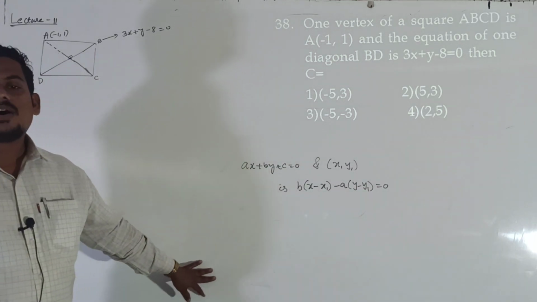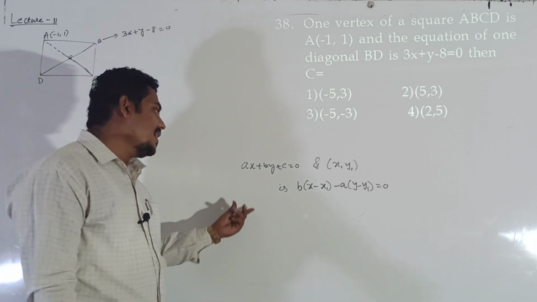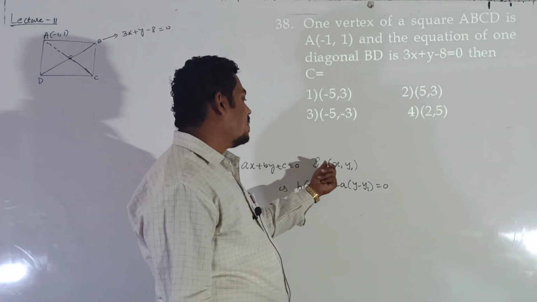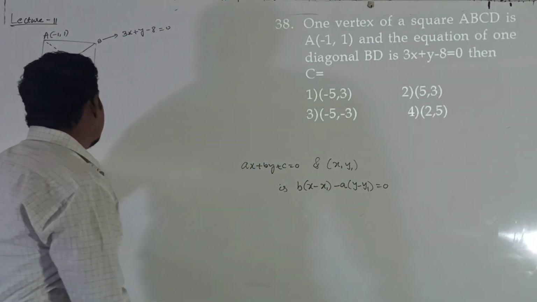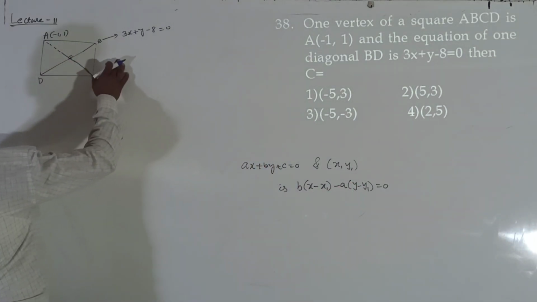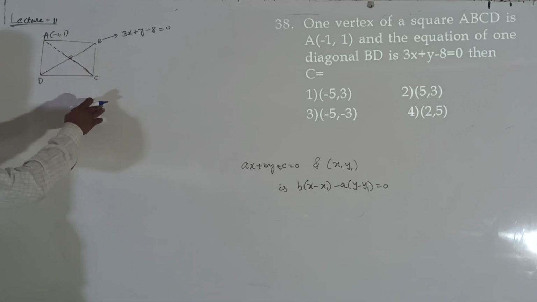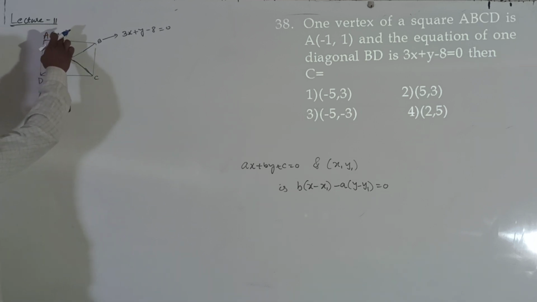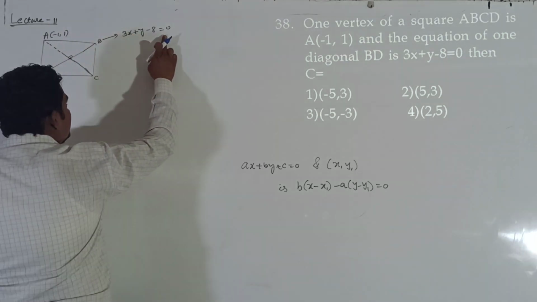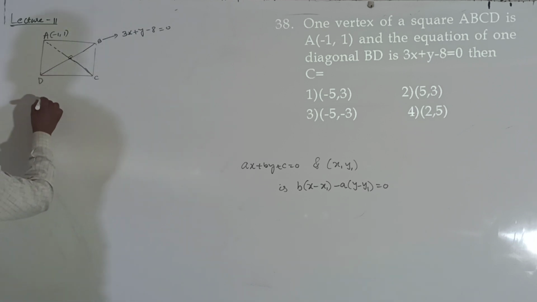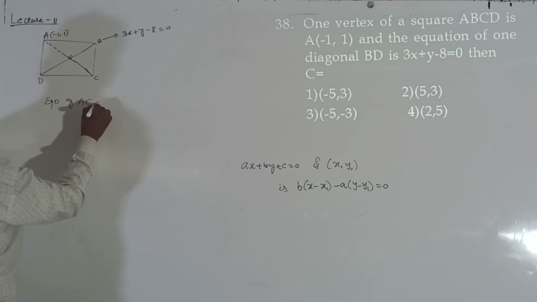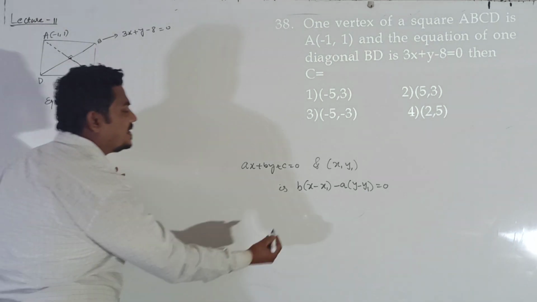In this case, AC line passes through the point minus 1 comma 1 and is perpendicular to BD. This is ax plus by plus c and this point is x1 y1. Then can you tell me the equation of AC by using this formula?